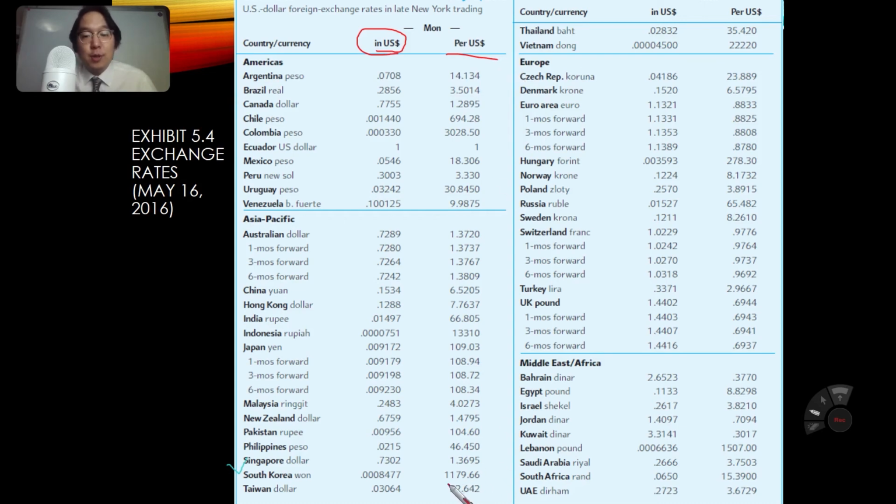So in South Korea, let's go there, because I'm South Korean. From the US citizens' perspective, $1 US is worth 1,179.66 Korean won. This is an indirect quote.